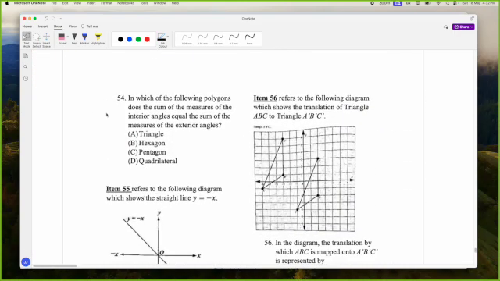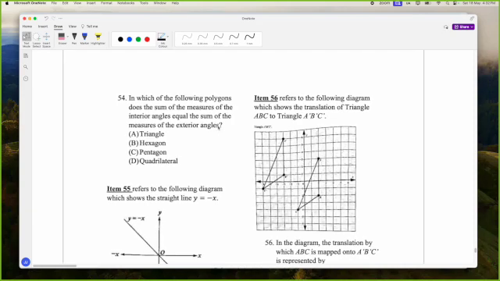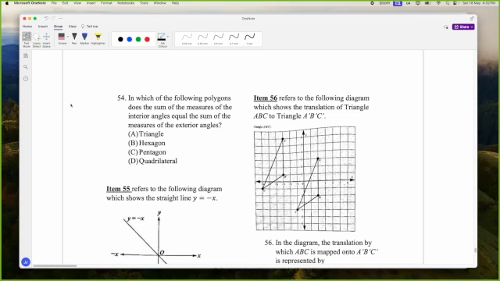Which of the following polygons does the sum of the measures of the interior angles equal the sum of the measures of the exterior angles? Well, I know that the exterior angles of all polygons add up to 360.